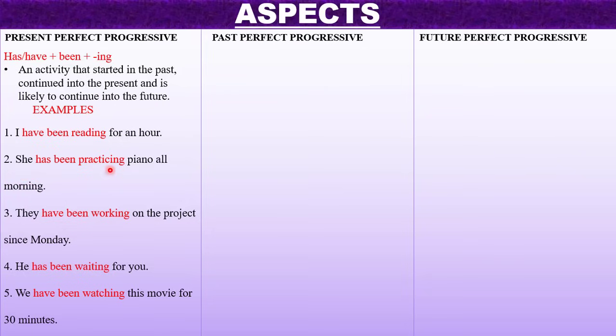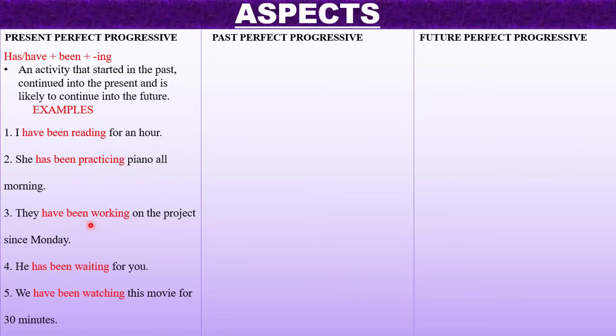She has been practicing piano all morning. So here we have the present tense has, and then the perfective component and the progressive component. Has been practicing, present perfect continuous. The third one, they have been working on the project since Monday. It means that they started working on the project in the past time and it has continued to the present time.